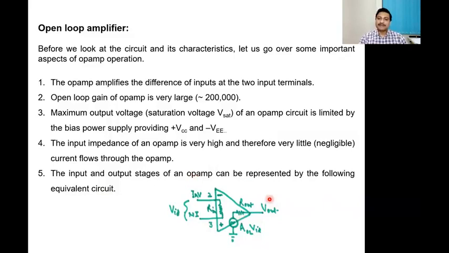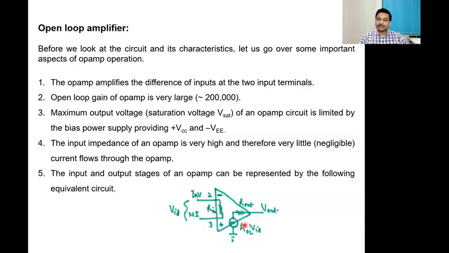What this circuit basically means is that since the input impedance is very high, the output impedance is very low, and the output only depends on the difference of the input signals multiplied by the open loop gain, as far as the impedance analysis is concerned, we can separate out the input and output stages. The input stage would be represented like this: there are two input terminals connected through this input impedance, because this is the impedance that the signal source will face. And this is very high, so very little current flows in this circuit.